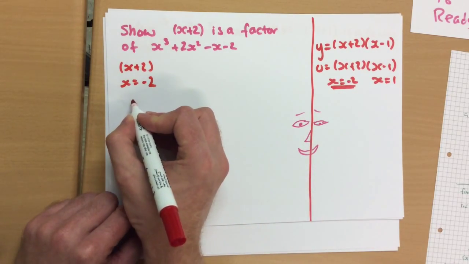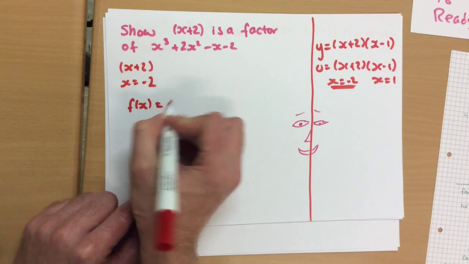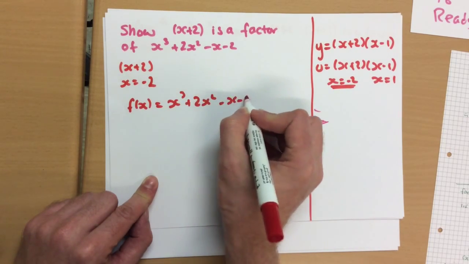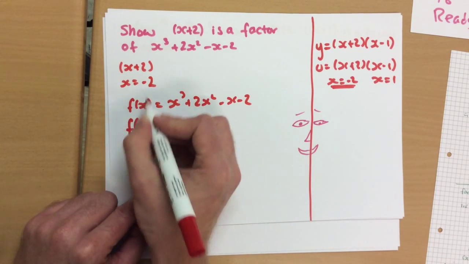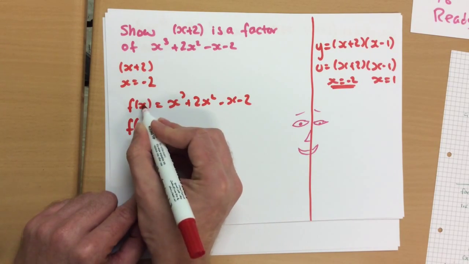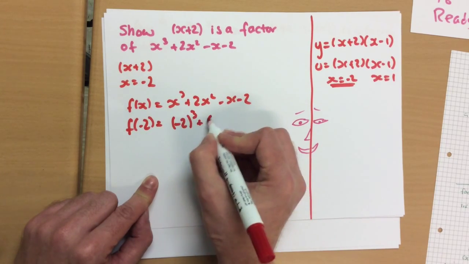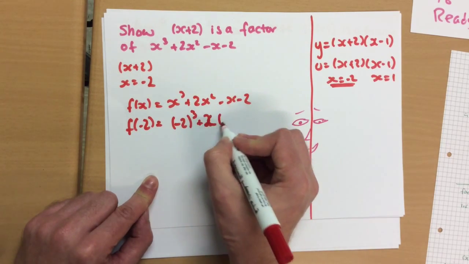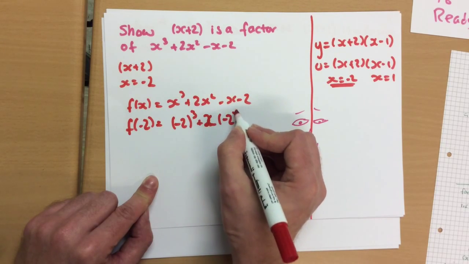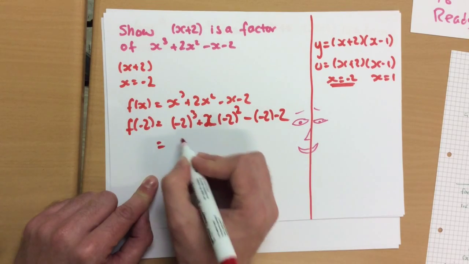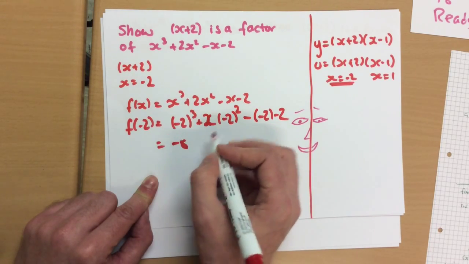So, very quickly, our function is x cubed plus 2x squared minus x minus 2. If we substitute in x with minus 2, we get minus 2 cubed plus 2 times minus 2 squared, subtract minus 2, which is negative 8.